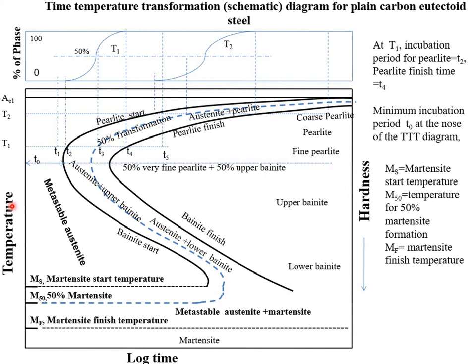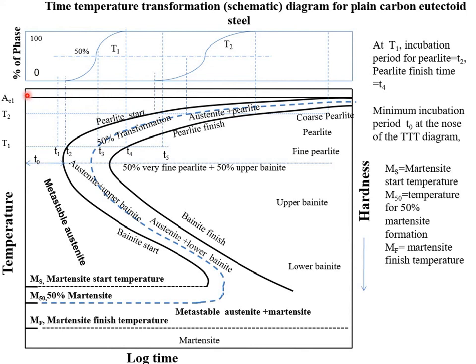But for martensite, the process would be diffusionless. So after heating the material to the austenitic phase, we'll suddenly cool it down in order to gain the martensite. We do not have to wait.